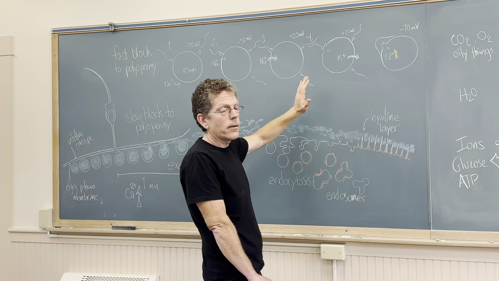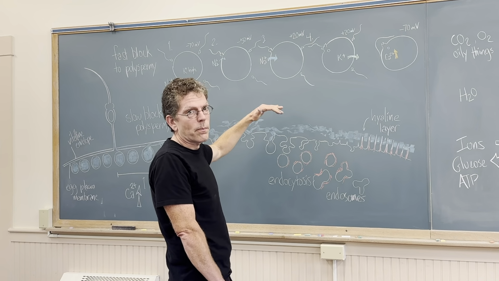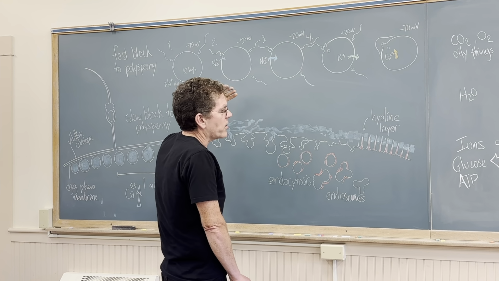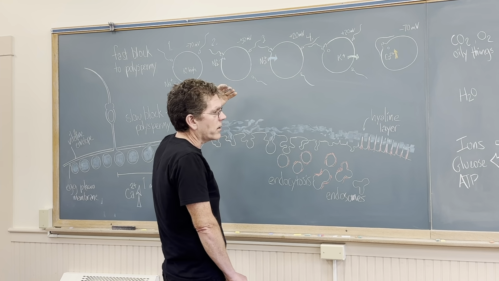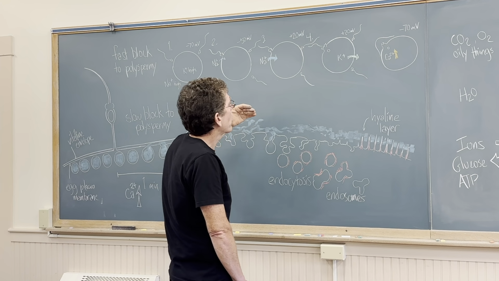It may just be that the leak of potassium slowly reestablishes the resting potential once the sodium channels have done their bit. What's happening in the egg is an action potential. It involves a membrane depolarization due to the abrupt threshold-dependent opening of sodium channels.